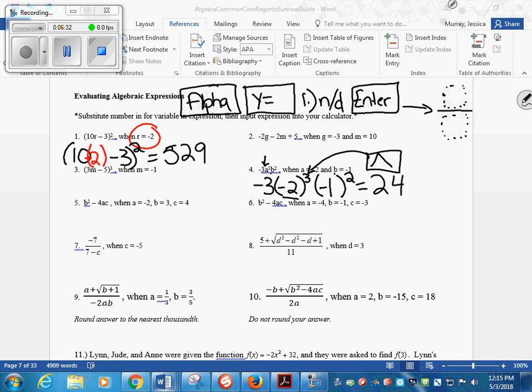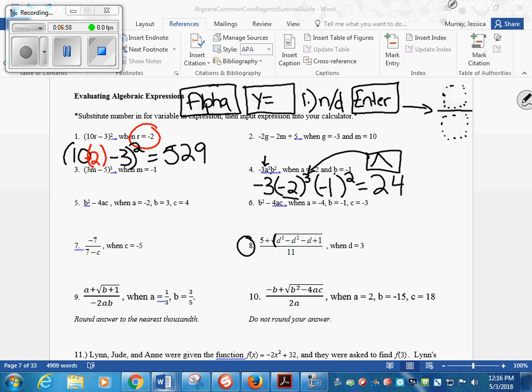Okay, the reason why I'm teaching you that is because here on number 8, you cannot simply type in a division sign. You have to do it as a numerator-denominator piece in order for it to work. Okay, so what letter are you taking out and what number are you plugging in? D. I'm taking out D, and all of them are D, and you're plugging in what number? 3.